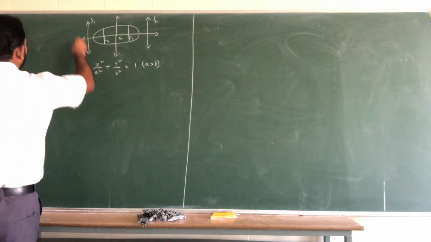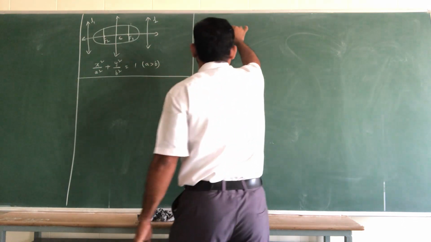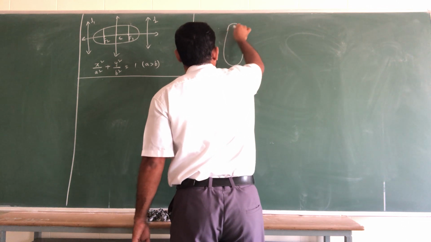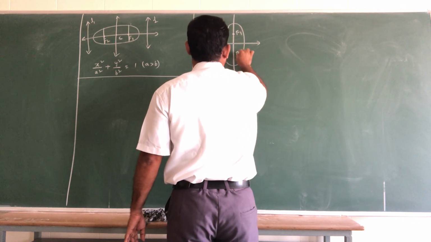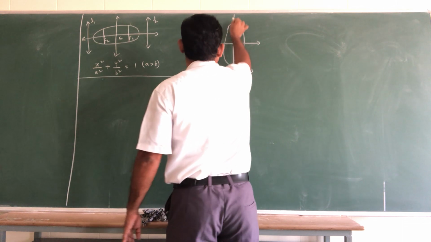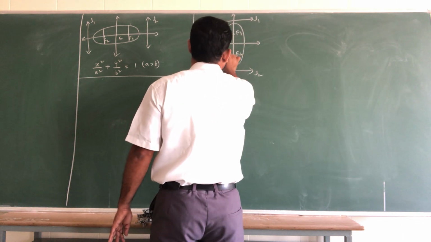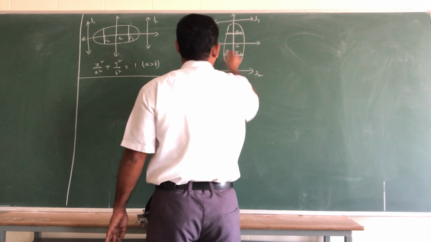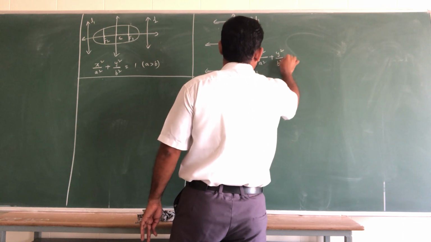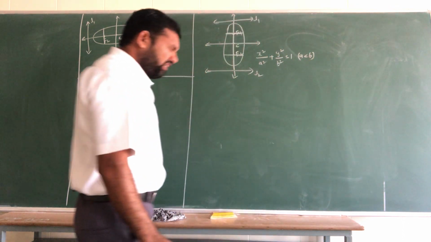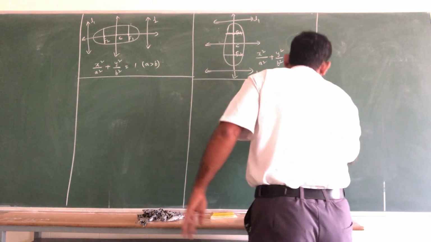First one. Next one: x square by a square plus y square by b square equal to 1, where a is less than b.